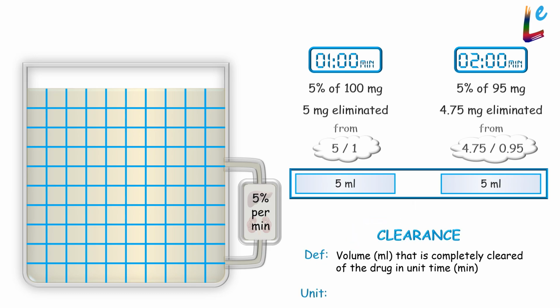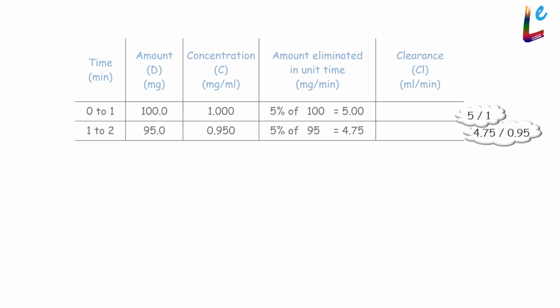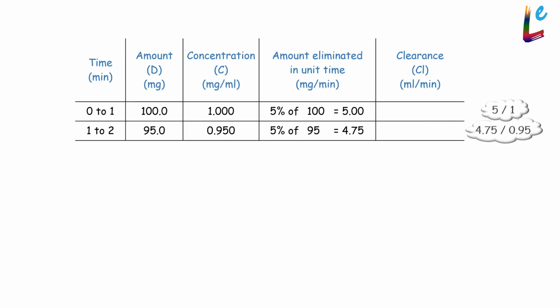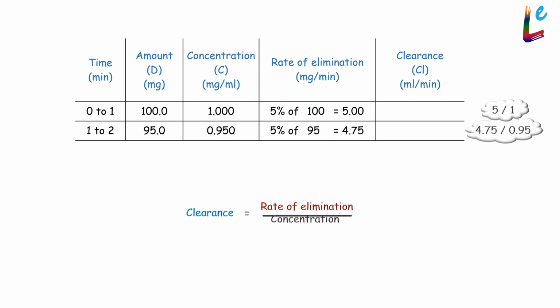Here, the unit of clearance is ml per minute. To calculate the clearance in each minute, we divided the amount eliminated by concentration. Amount eliminated in each minute is in fact the rate of elimination. That is, we calculated clearance by dividing the rate of elimination by concentration.